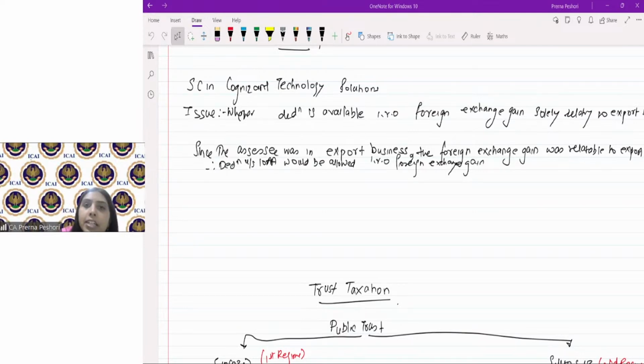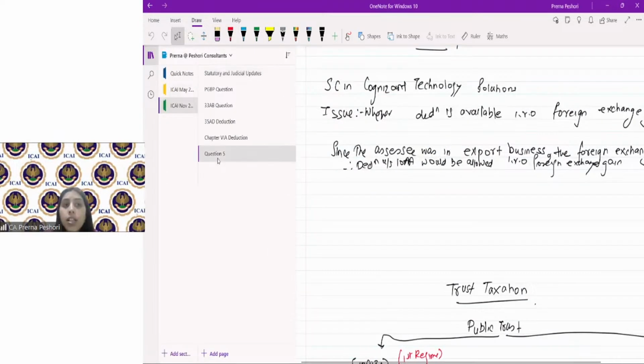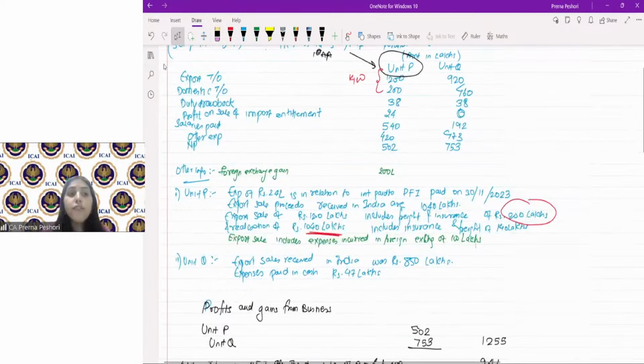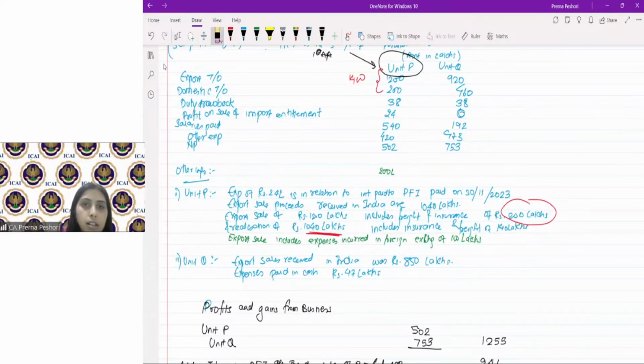Now, do you recollect anything? So therefore, if the foreign exchange gain is mentioned over here, this is how the question can be asked in the exam as well.